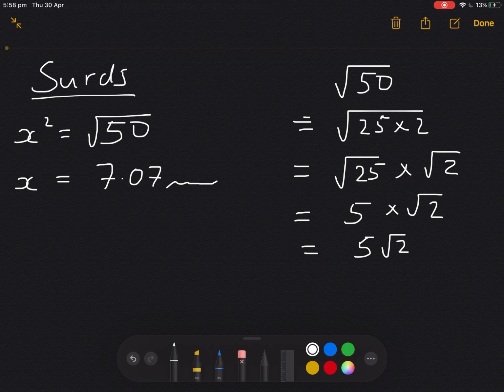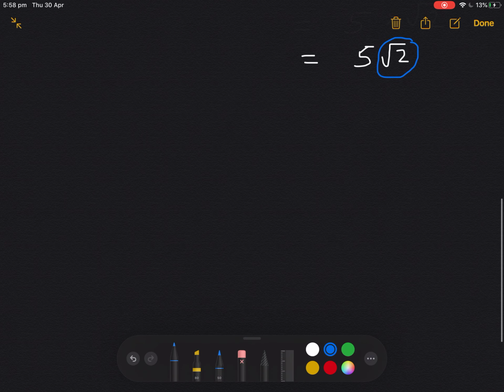Now, what is a surd? A surd is this bit. A surd is something that when you simplify it as much as you can, you still have that square root sign, or a cube root sign, or a fourth root sign, or whatever the case may be. So for that reason, something like root 9 is not a surd, because it equals 3.